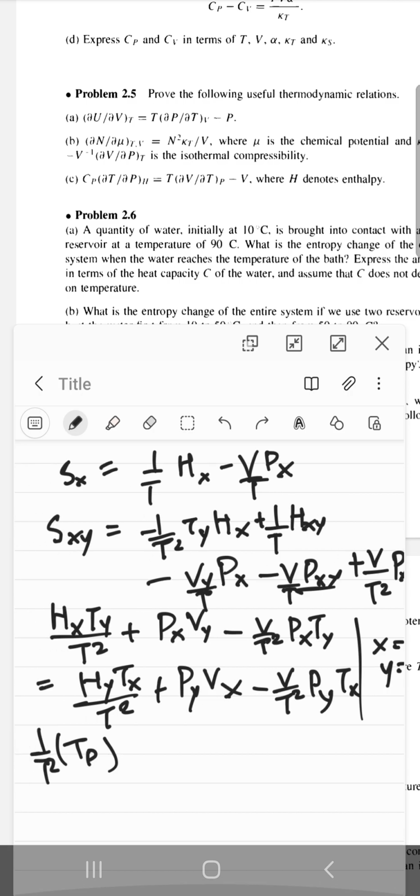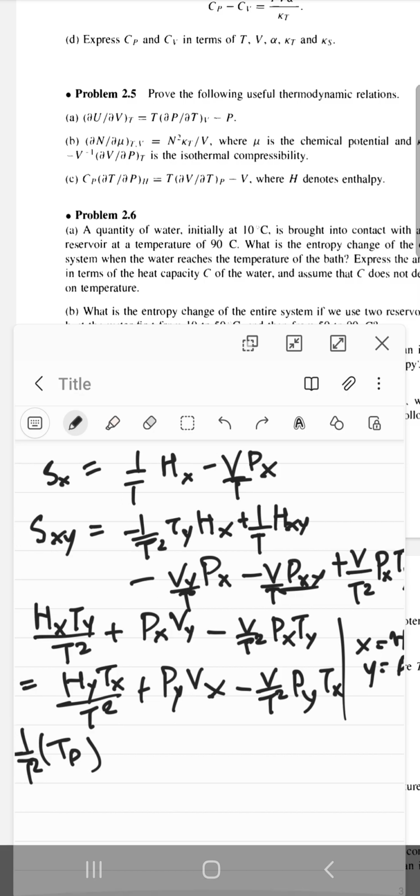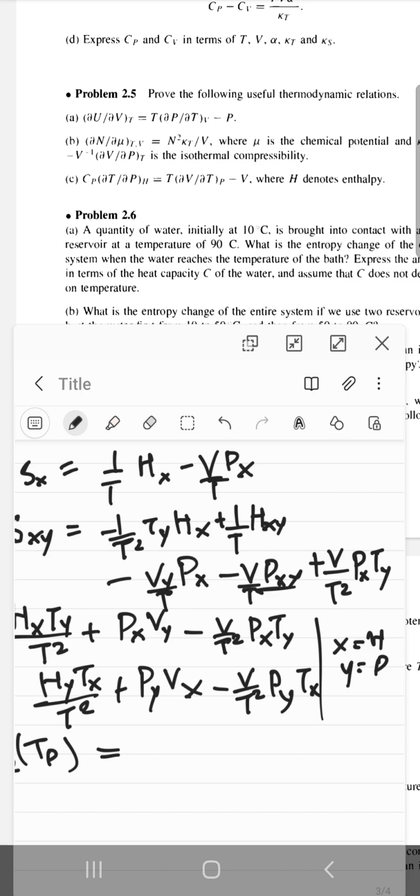So p sub x just kills that together. Okay, h sub y, that's gone. And so this is just equal to p sub y. What's p sub y? So it's p sub p. Okay, cool. So it's just v sub h at constant pressure. This is constant enthalpy minus this quantity. So just V upon T square p sub y. So that's just 1, and then just got T sub H at constant pressure.